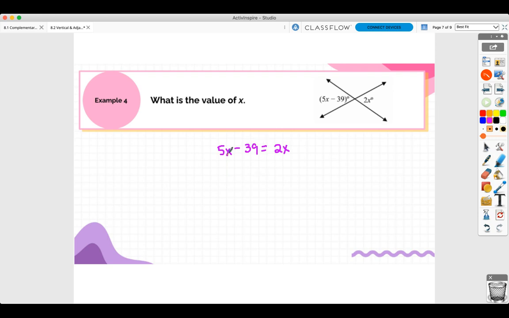This one, you can subtract 5x from both sides. But don't erase that negative. That 39 is negative, so it's going to be negative 39 is equal to negative 3x. Now we're dividing by negative 3 on both sides. You're going to get x is equal to 13.